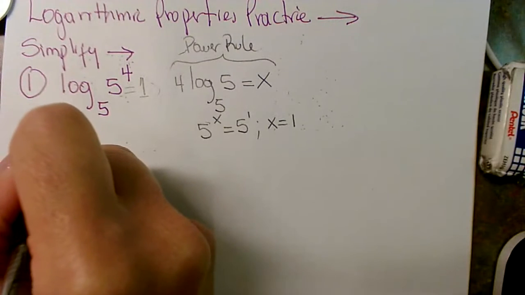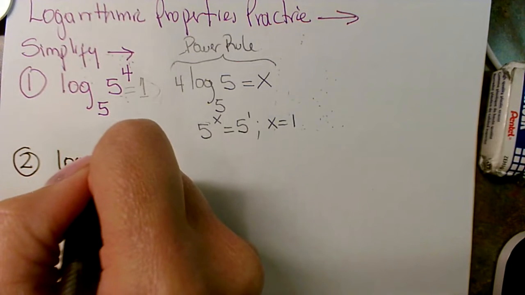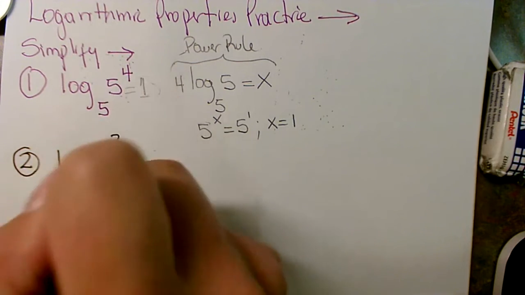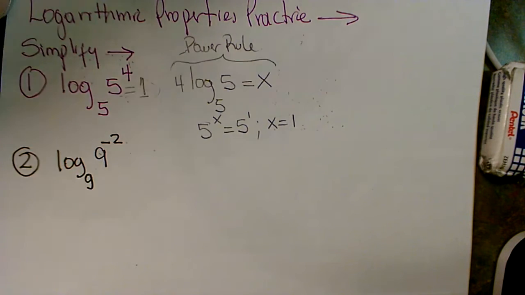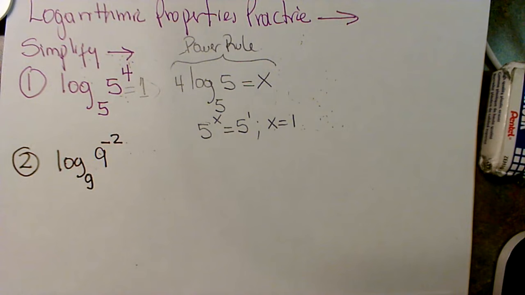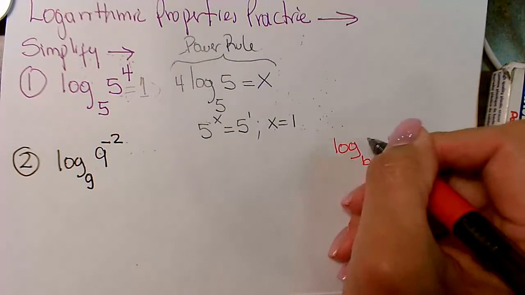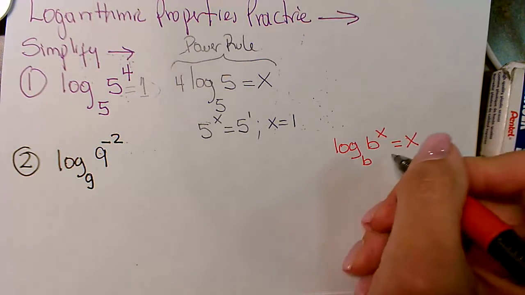Number 2, log base 9 of 9. Now let me write the property that we're going to be using right here: log base b of b to the x is equal to x.